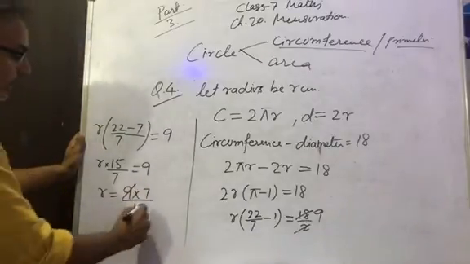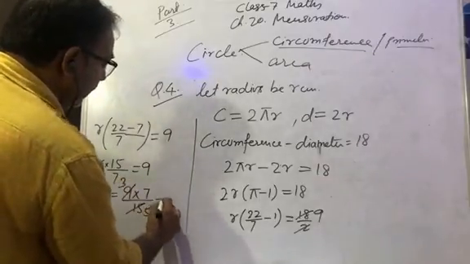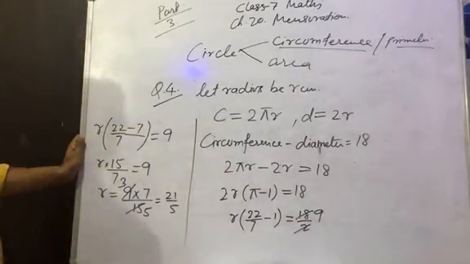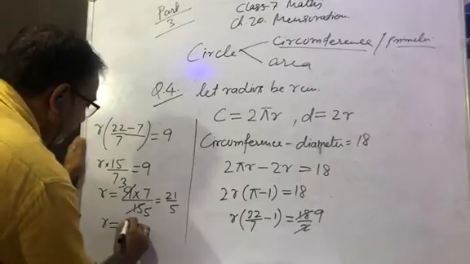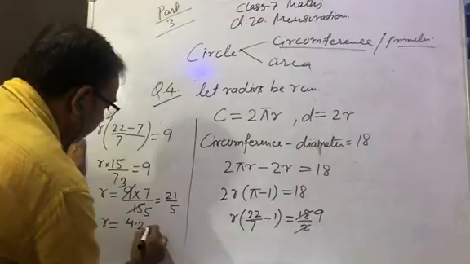You can cancel 9 and 15 with 3. This is 3 and this is 5. So it will be 21 upon 5. So the radius is equal to 4.2 centimeter.